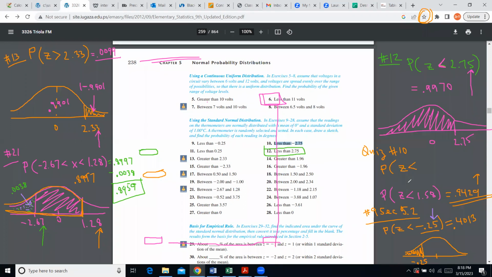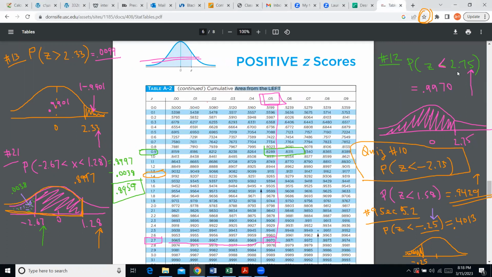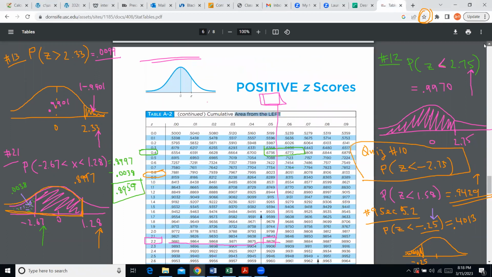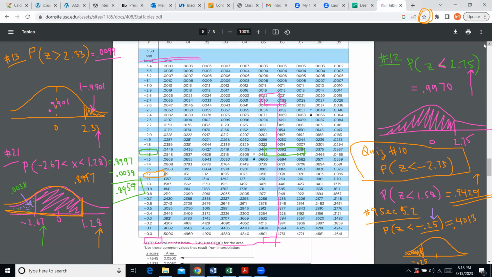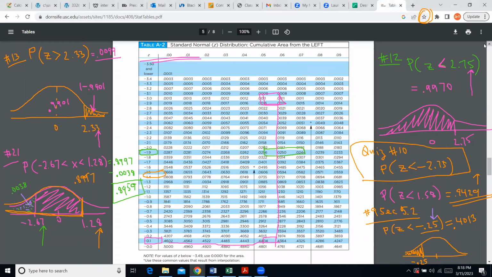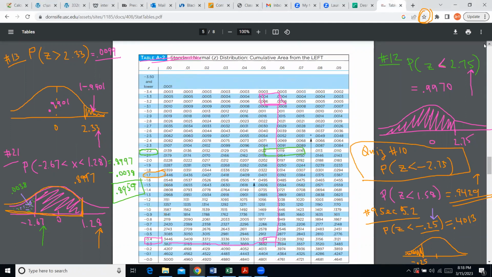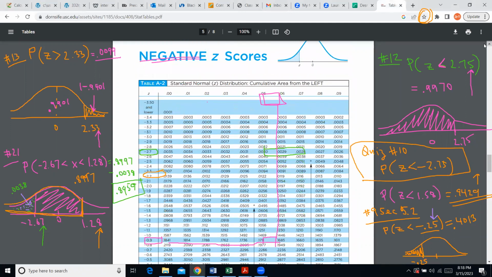Yeah, so it's the same type of number, but now it's with a minus sign. And since it's with a minus sign, you need to actually take a look at the previous page, right? I'm going to open the previous page for you so you can find that negative 2.75 among the negative z-scores.